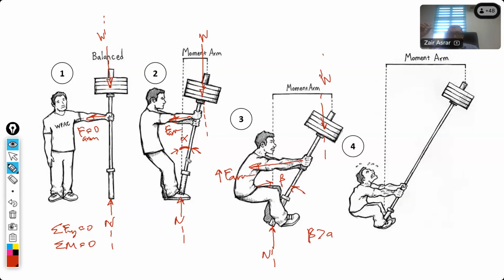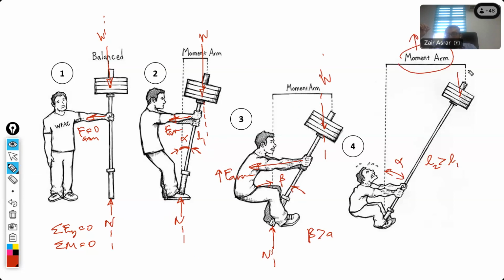Another approach would be, let's say, if we are talking about the same angle alpha, let's say this is still alpha, but we increase the pole length. So this is L2, way larger than L1. If we increase the pole length, the net effect will still increase our moment arm.